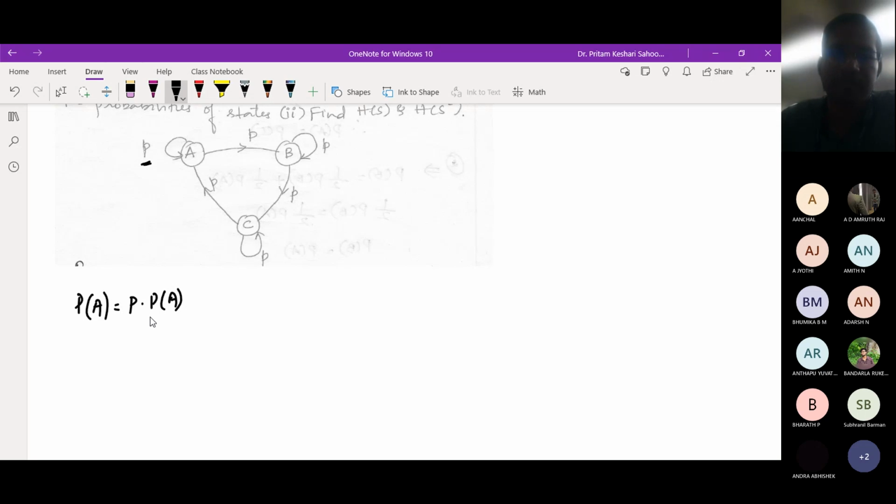Then plus there is another state, C, which is dependent on state A at a probability P. So we can write P into probability of C.